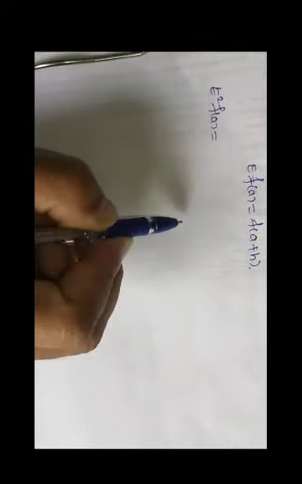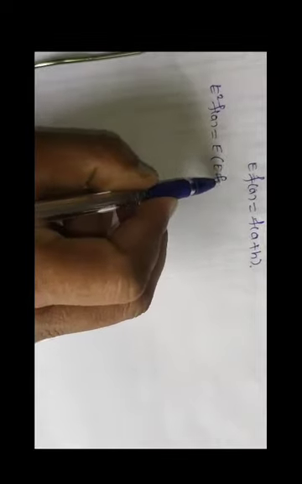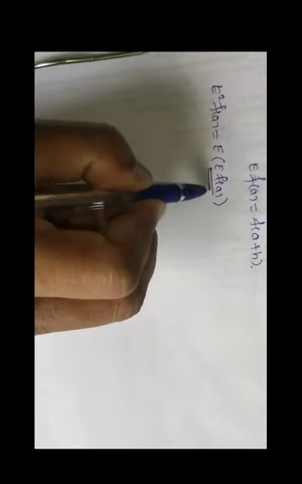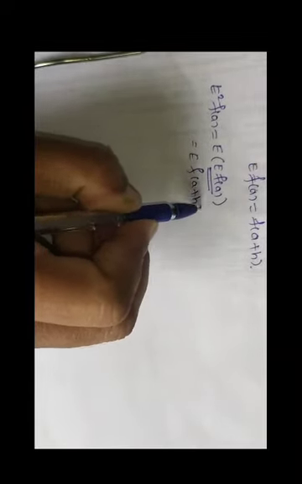Now we try to find E square f of a. E square f of a can be written as E of E f of a. What is E f of a? E f of a is f of a plus h.